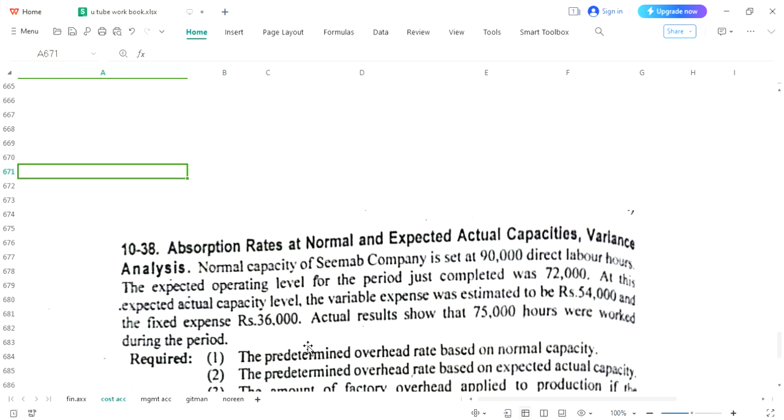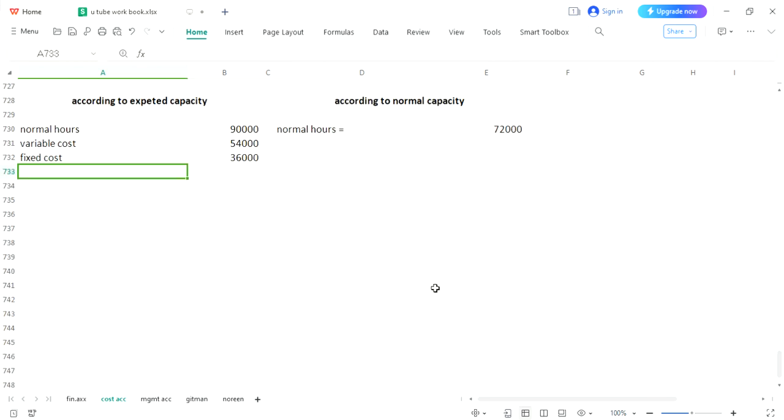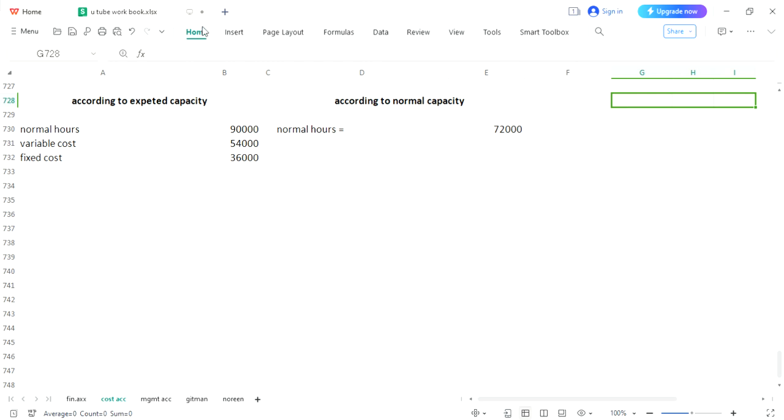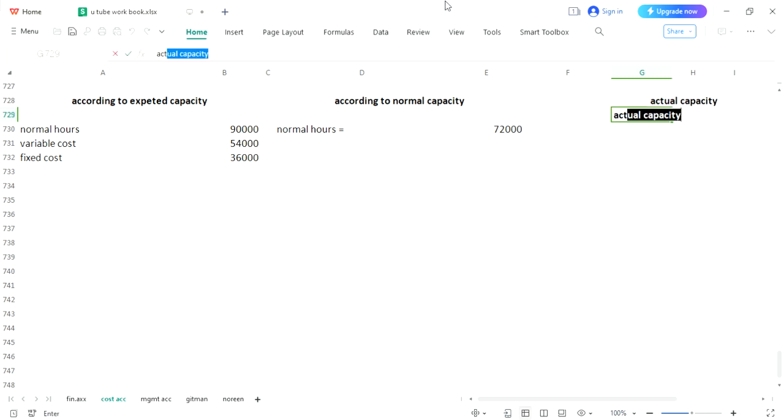And the next thing is actual result shows 75,000 hours are worked during the year. So here expected, here normal capacity, and now there is another format which has been discussed, which is actual capacity, and actual hours are mentioned over here.